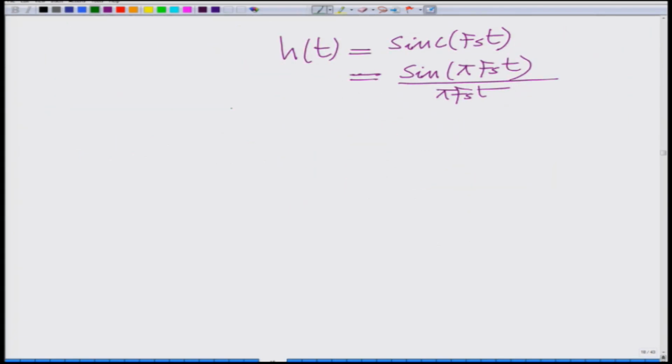Now, we have this signal m(t). Let us highlight the procedure for reconstruction.